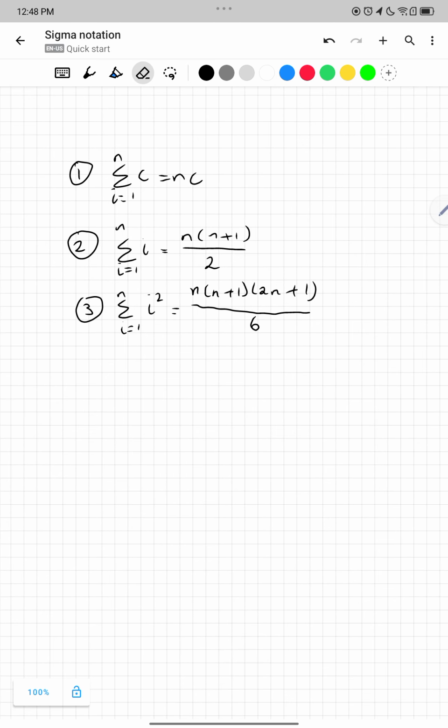So basically by induction, for n equals 1, we need to show that it holds for 1, right?